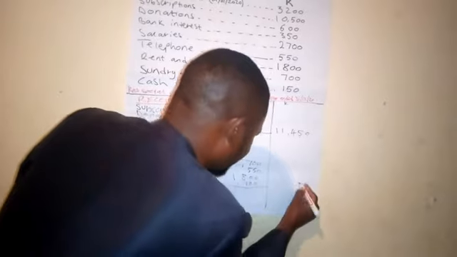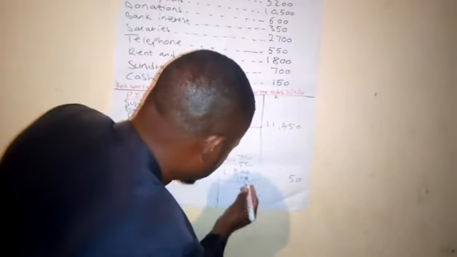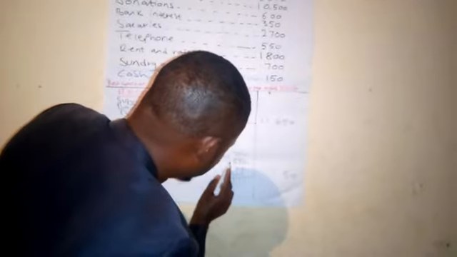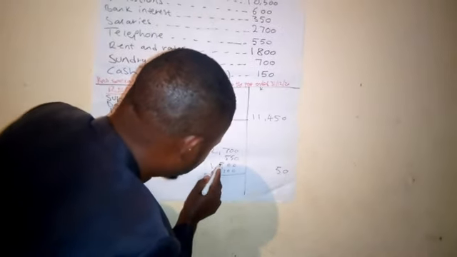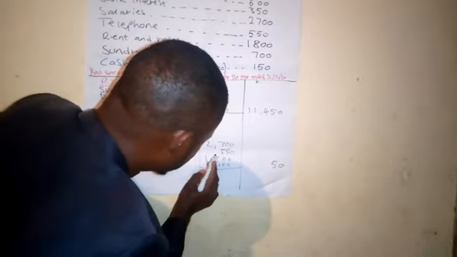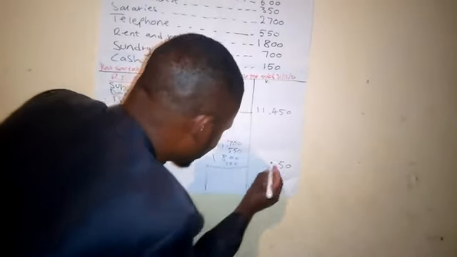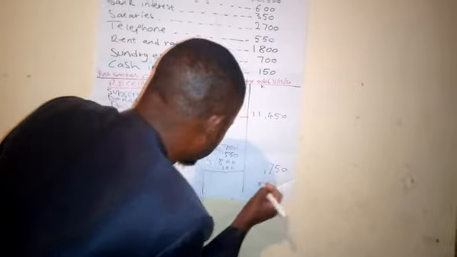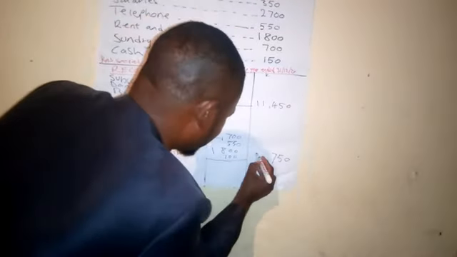We have 0 there. 5, 7 plus 5, we get 12, 12 plus 8, 20 plus 7, 27, then 2 plus 2, 4 plus 1, 5.